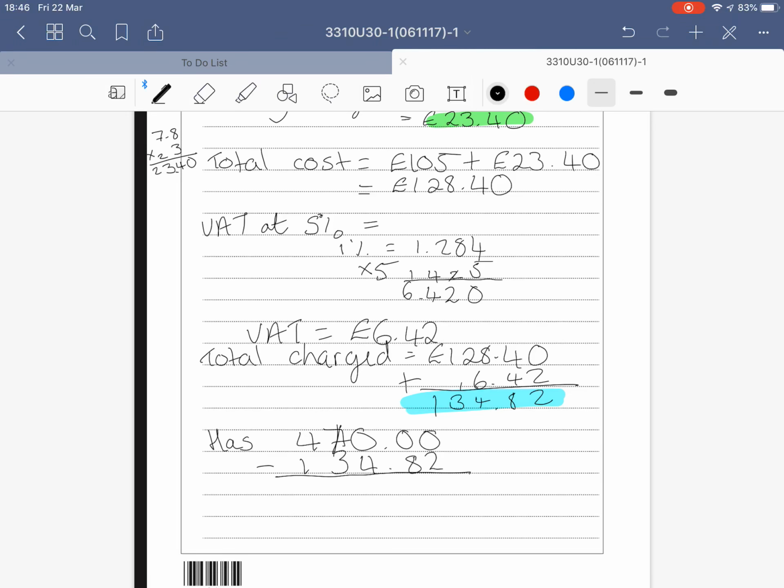We're going to have to go all the way back to the 7 to borrow, so the 7 becomes a 6, then that would become a 10, but that's now a 9, that's now a 9, so this is our 10. The 10 take away 2 is 8, 9 take away 8 is 1, decimal straight down, 9 take away 4 is 5, 6 take away 3 is 3, 4 take away 1 is 3, so she has that much left. Ooh, she can just about afford the washing machine. The washing machine is 330, so she'll have £5.15 change. So yes, she can buy the washing machine.